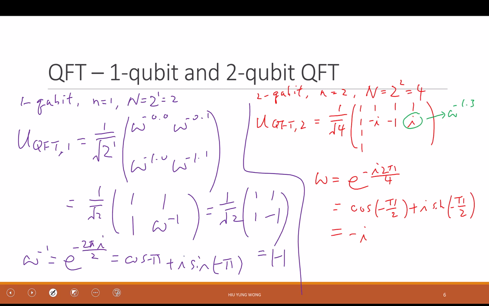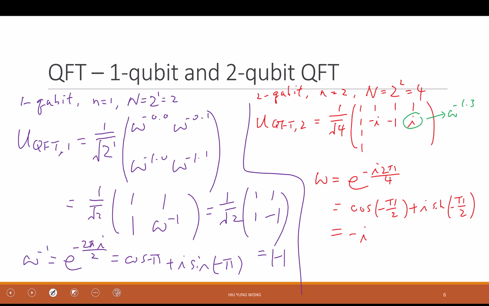I could have done that, but this is easy, right? I need to find the omega anyway. You need to first find the omega. Omega minus 1 is not equal to minus i, it is equal to minus 1 here, because omega is different when you have a different number of qubits. The capital N is different, right? Yeah, that's a good question. Be careful about that, right?